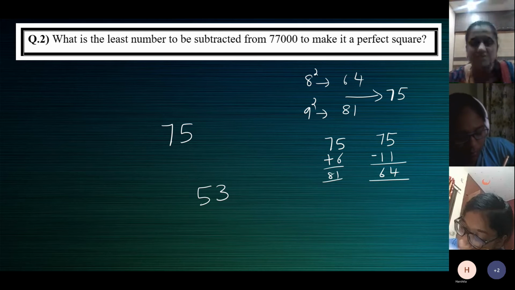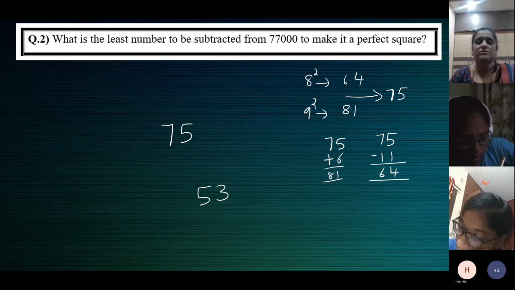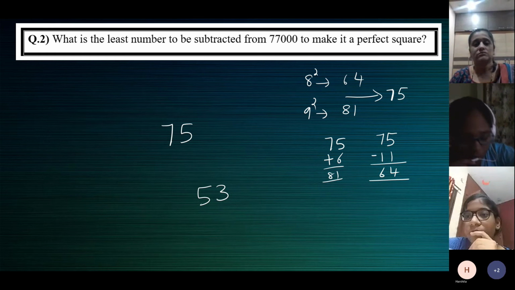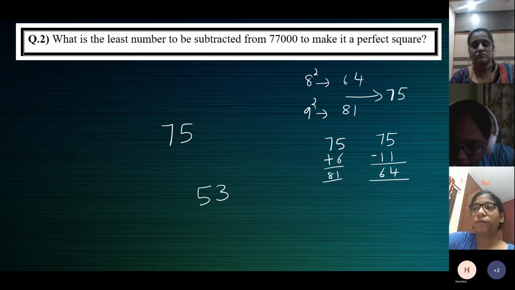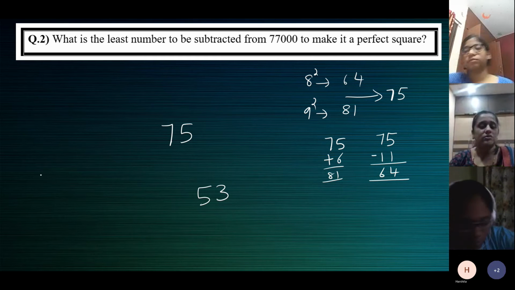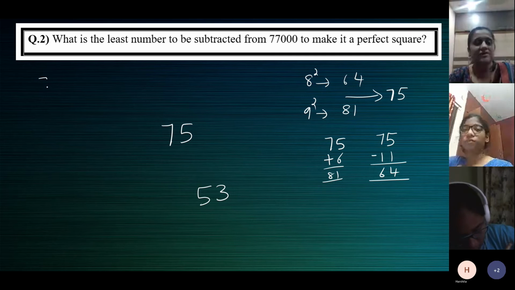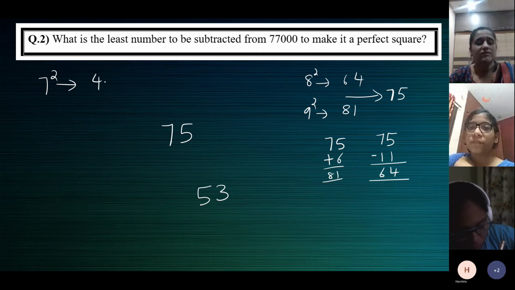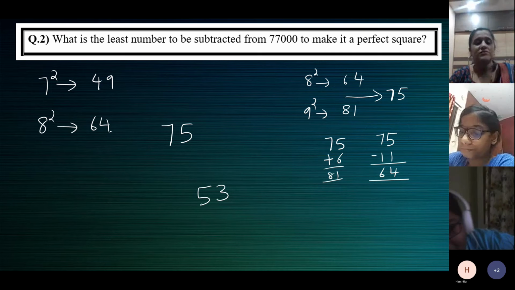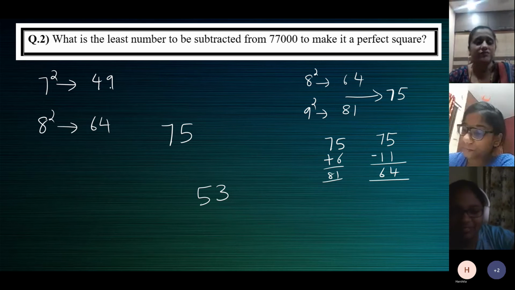It's 4. So where does 53 lie? It lies between the perfect squares 49 and 64. 7 square is 49, 8 square is 64.